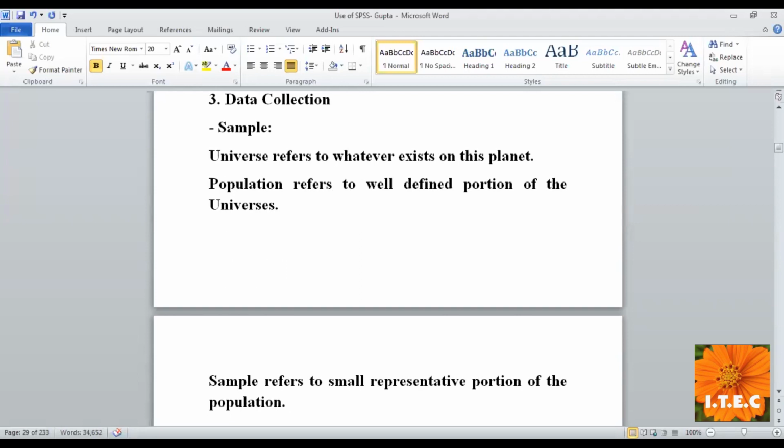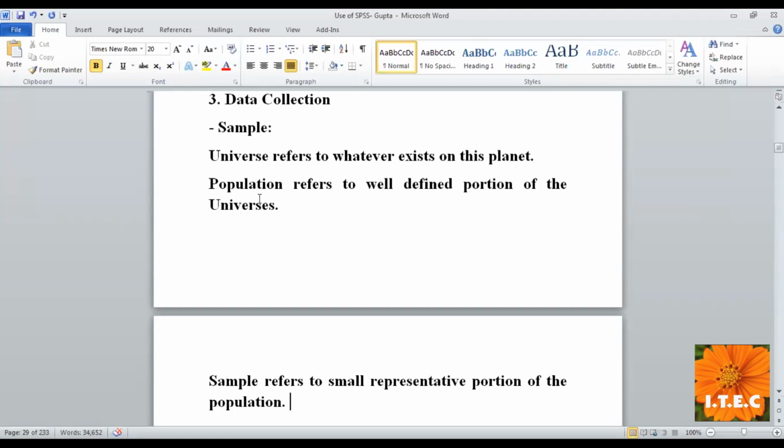Now, when you bring a sample of the rice, when you bring a sample of the wheat, when you bring the sample of some other thing, that sample represents the population.